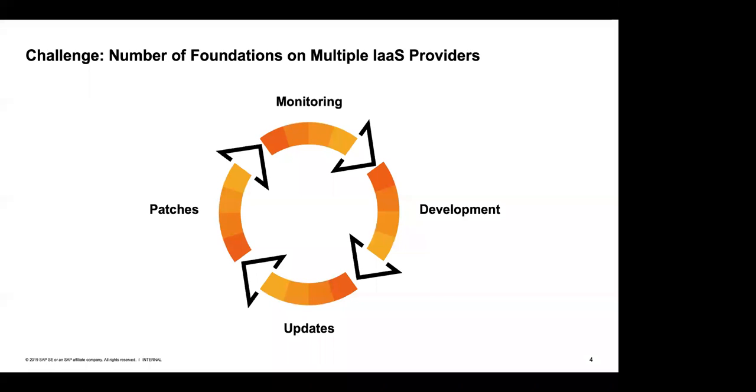As those fixes are sometimes time critical, having that number of Cloud Foundry foundations poses another challenge. So that roughly describes what we are facing in terms of infrastructure providers and also regional distribution.